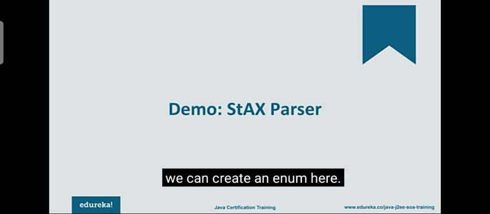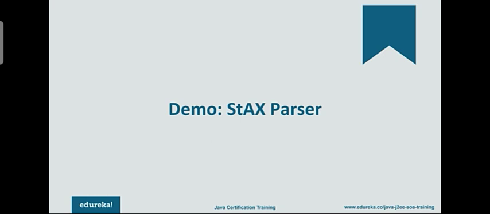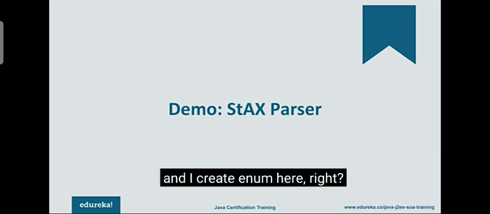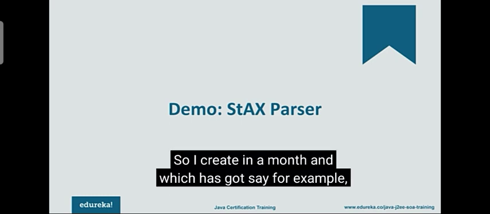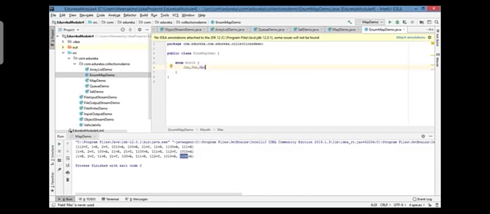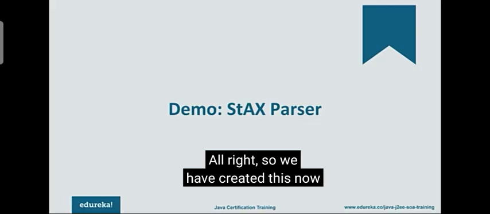we can create an enum here. I'll choose to create the same one. So I create enum month, which has, for example, Jan, Feb, March. All right, so we have created this.